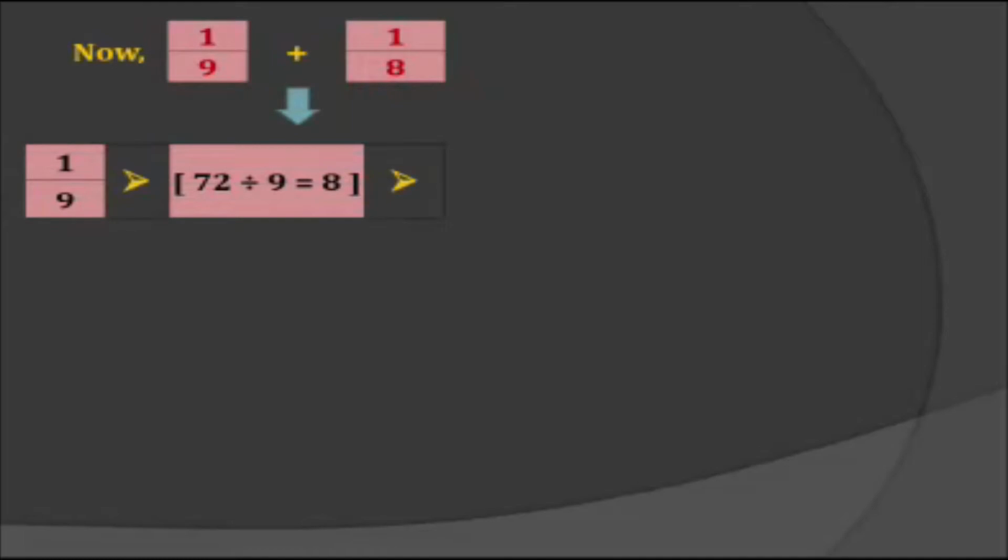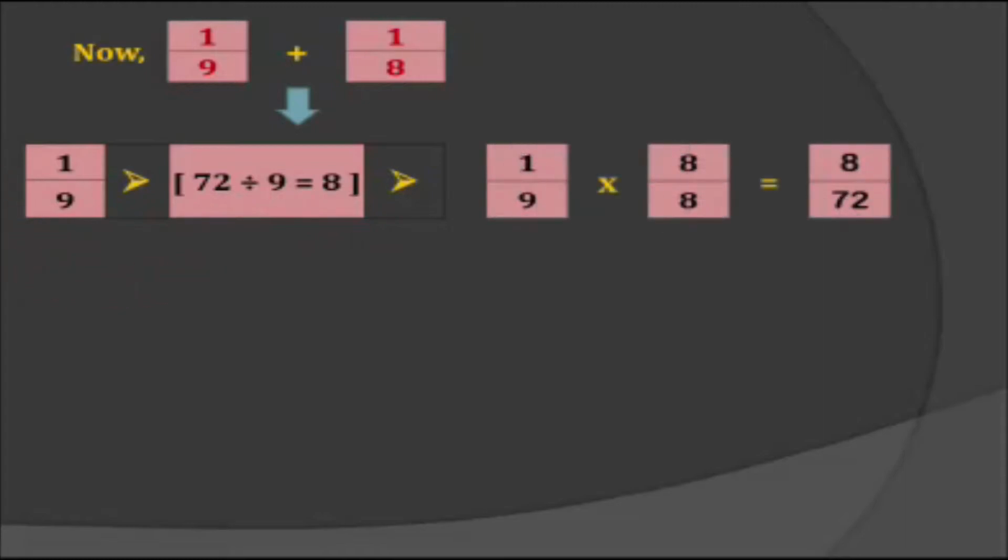Now here we have 1 by 9 plus 1 by 8. So what we will do here, we can see the denominator is 9, so we will divide the LCM by the denominators. So 72 divided by 9 is equal to 8, so we will multiply 1 by 9 by 8 by 8, so 1 8 is 8 and 8 9 is 72.